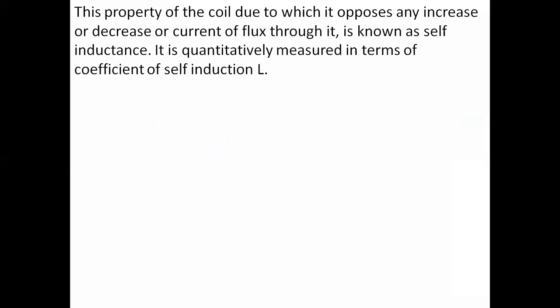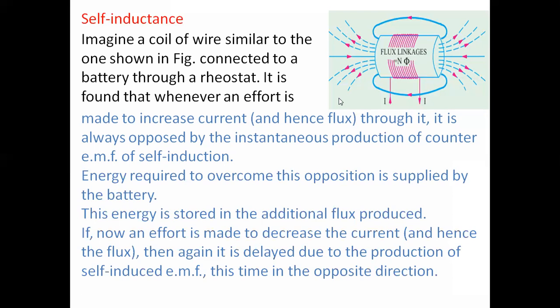Suppose we connect some voltage here, so we are producing some self-induced EMF. Due to this generated self-induced EMF, it will also produce some current. That current is opposite to the applied current.